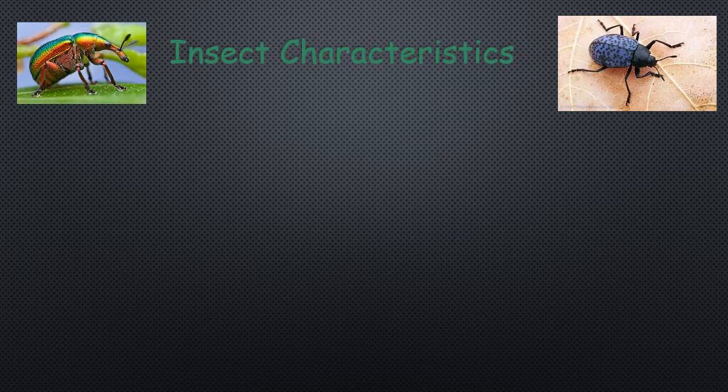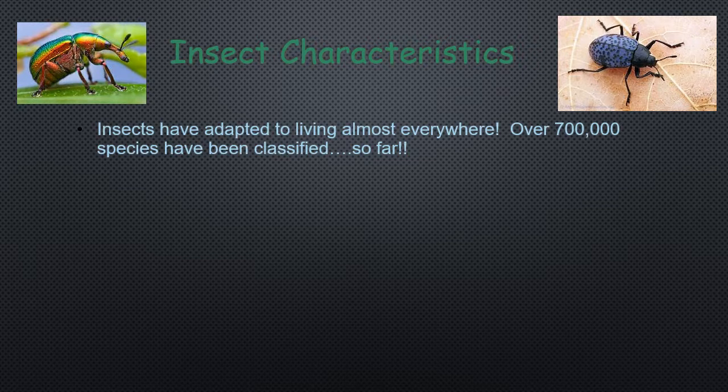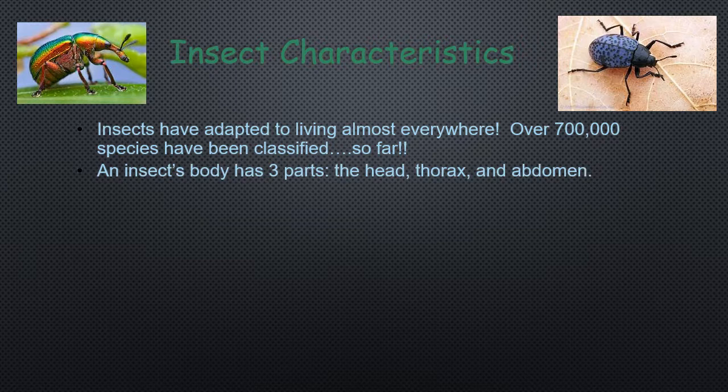Insect characteristics. Since this is our largest group of our arthropods, we're going to look at some characteristics just for our insects. Insects have adapted to living almost everywhere. Over 700,000 species have been classified, and that's just so far. An insect's body has 3 parts. We divide it into the head, the thorax, and the abdomen.